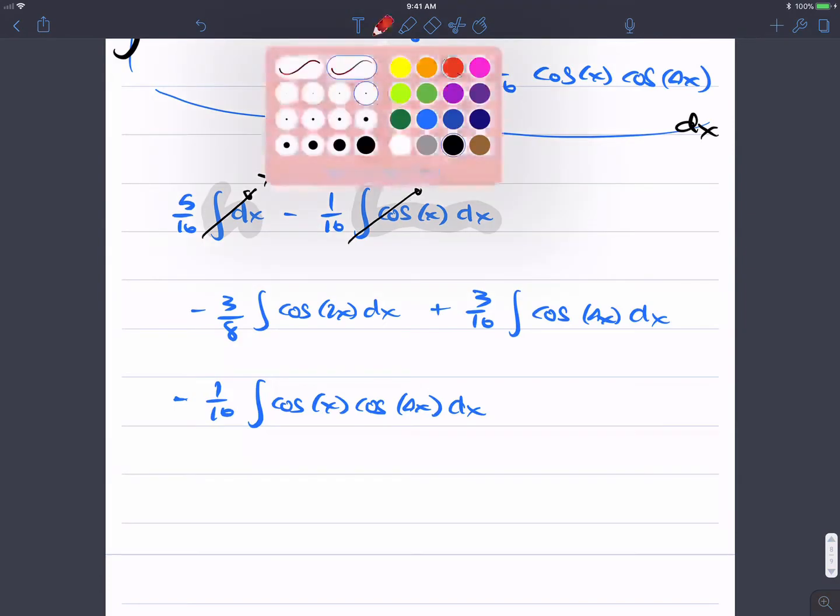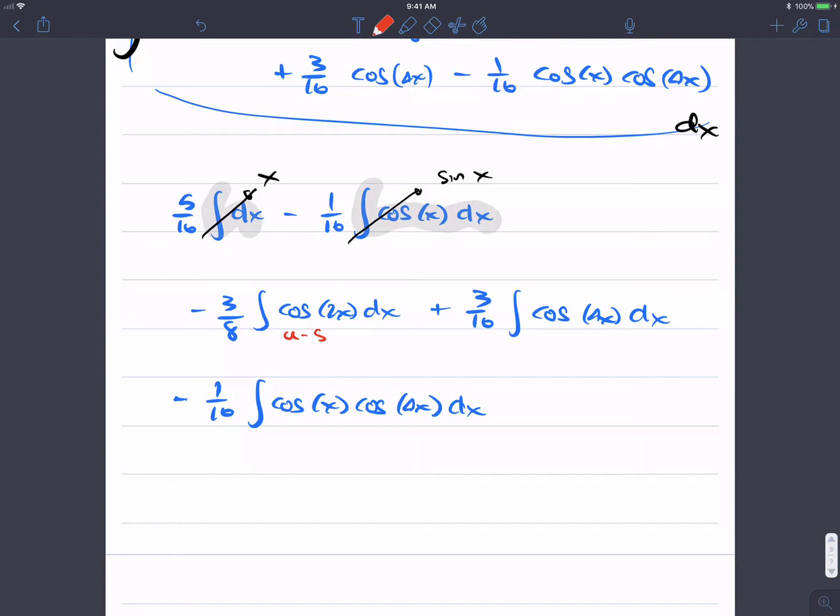Over here, I have u sub. And yes, u would be 2x. As you guys know, this answer becomes 1/2 sine 2x. So by using u sub here, focus on this integral here.